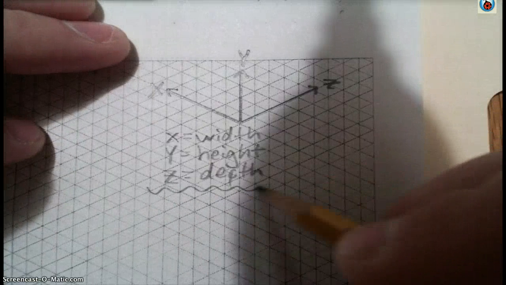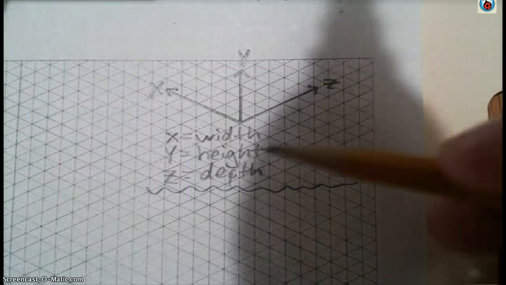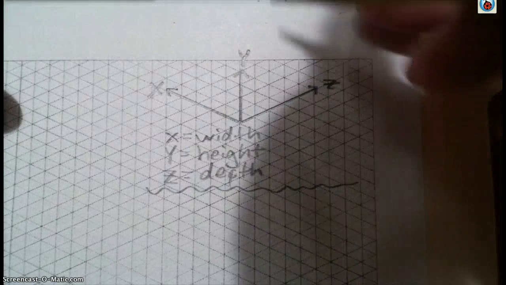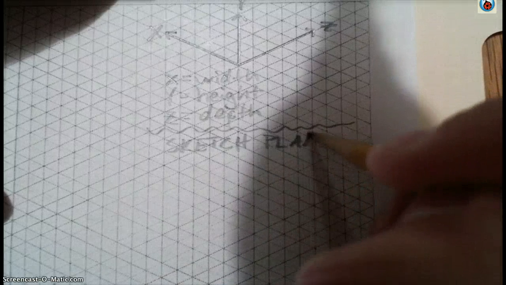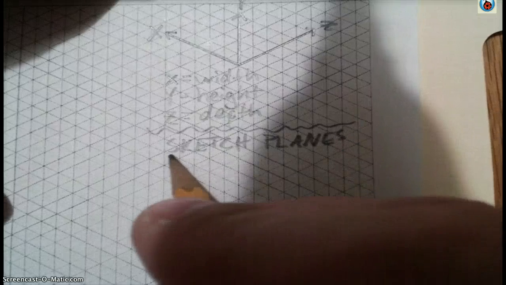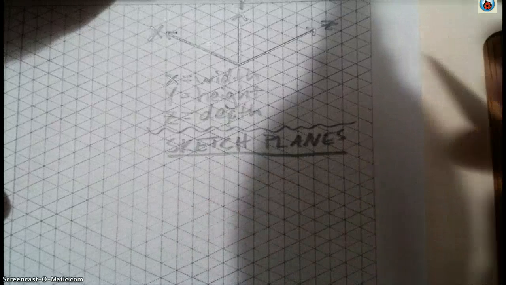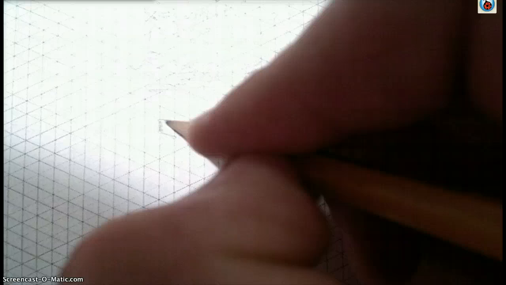Just make a little line there. That's its own note. And then write the words sketch planes. So here are your sketch planes. Using the X and the Y, draw in some boxes.